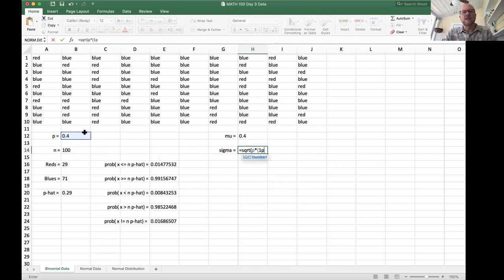Times 1 minus p, but then you need to divide it by the n value. Close your parentheses and it will calculate it. This is going to be representing the distribution that we would have about the probability that we would get a p hat that was less than or equal to what we're dealing with.